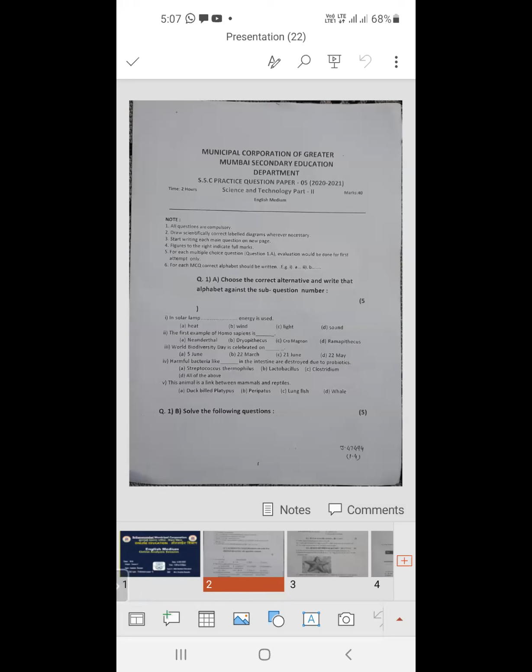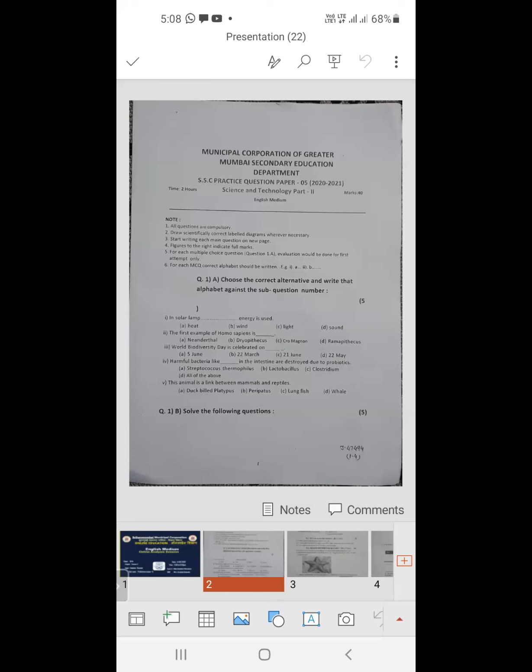Now second instruction, that is you have to draw diagrams wherever they are necessary. Means scientifically correct labeled diagrams should be drawn wherever necessary. If the question has the necessity of a diagram, you have to draw a well labeled diagram. Use of a calculator is not allowed.